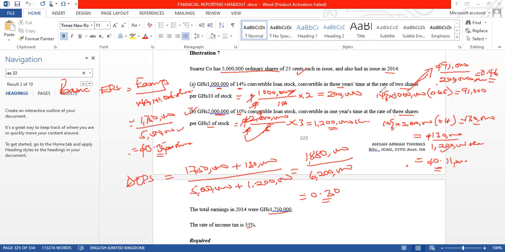If you go through this one, you see that the difference, it won't give you something reducing. If you want to try and see if it is right or wrong, just go ahead and do 91,000. You're going to add it to 1750. With this one, what you'll be getting is 1841.